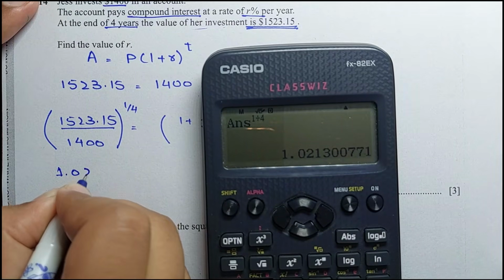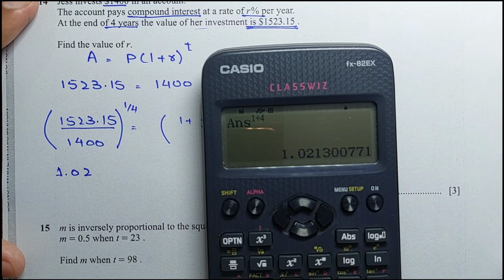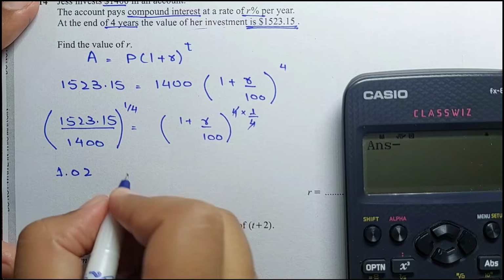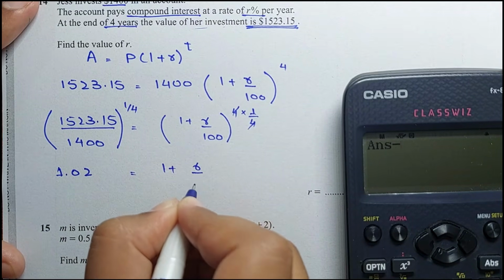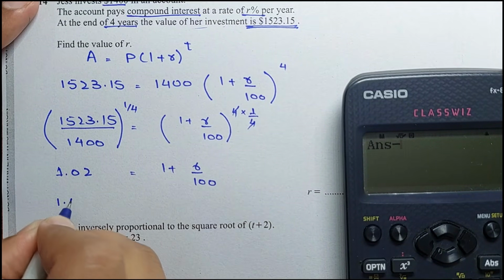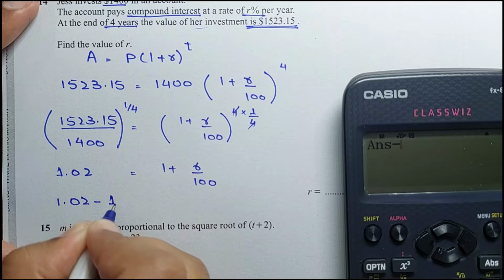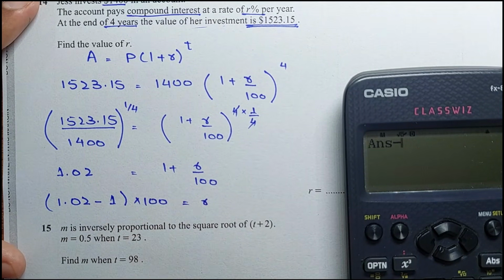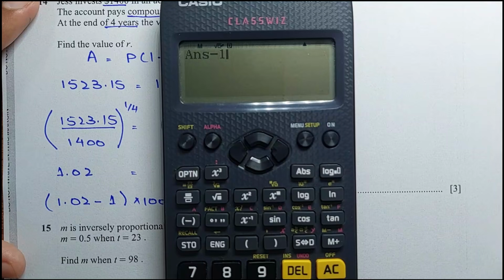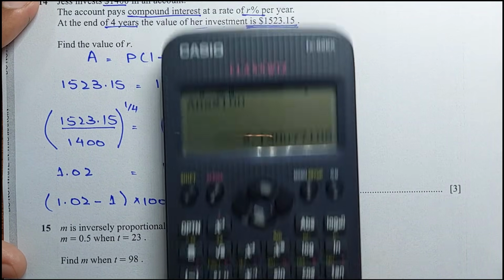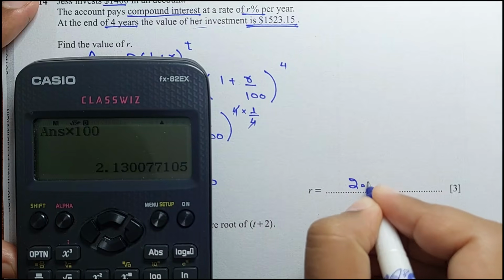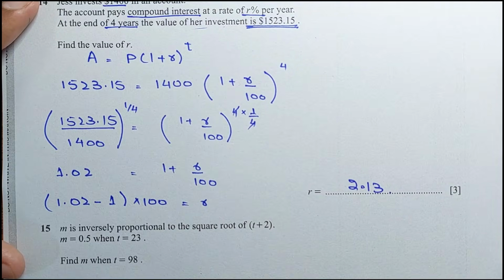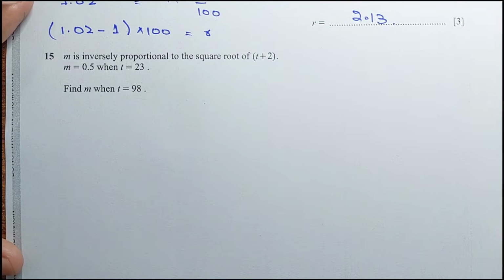That is 1.02. This equals 1 plus r over 100. To solve for r, from 1.02 subtract 1, right? And then multiply by 100, and you will get the r value. Subtract 1, multiply by 100, this is 2.13. 2.13 is the value for r, the rate of interest.